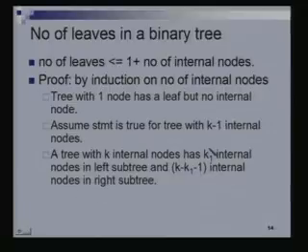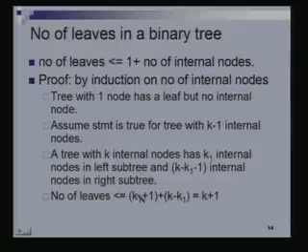Now let's apply the induction hypothesis. k1 is less than or equal to k minus 1, and this quantity is also less than or equal to k minus 1, right? So we can use the induction hypothesis that the number of leaves in the left subtree, which has k1 internal nodes, is less than or equal to k1 plus 1, and in this subtree the number of leaves is less than or equal to k minus k1 minus 1 plus 1, which is k minus k1.